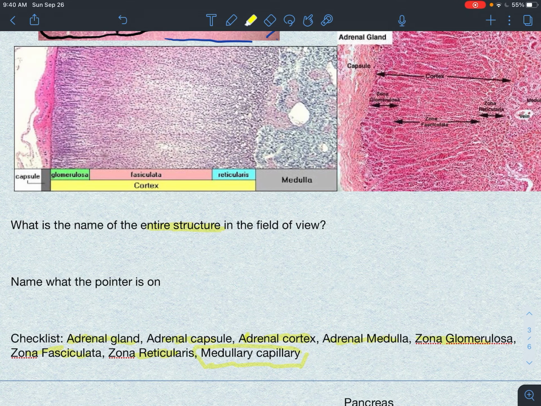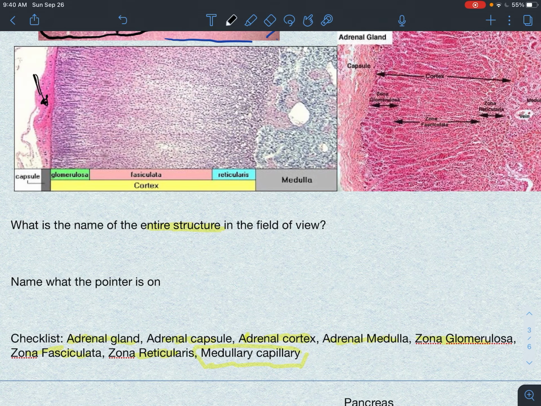So let's go ahead and see where we can put the pointer here. So let's do some practice. If I stick the pointer right here, right?